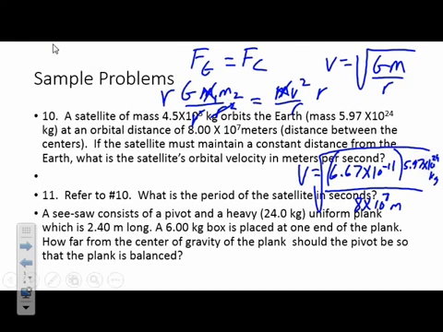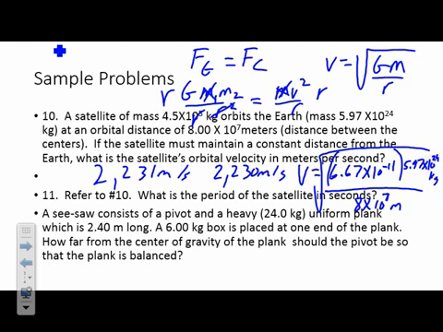So when we do the math on this, 6.67 times 10 to the minus 11 times 5.97 times 10 to the 24 divided by 8 times 10 to the 7, take the square root, we get about 2,231 meters per second. Be careful though, we only got 3 sig figs in the problem. So we probably should round it to 2,230 meters per second.